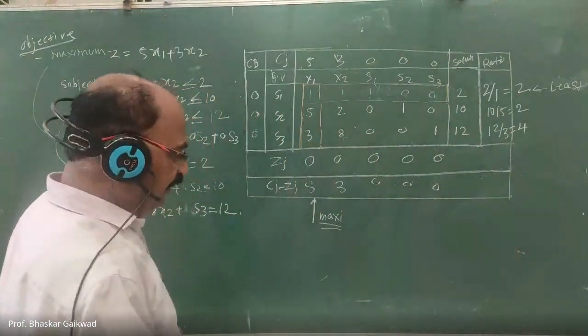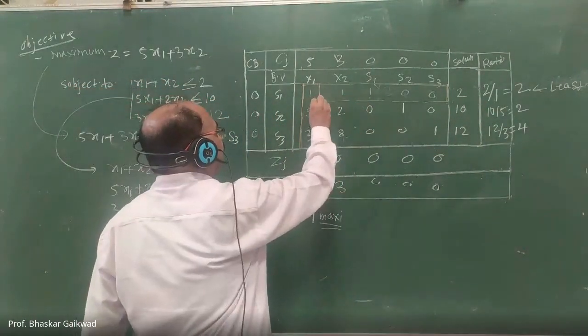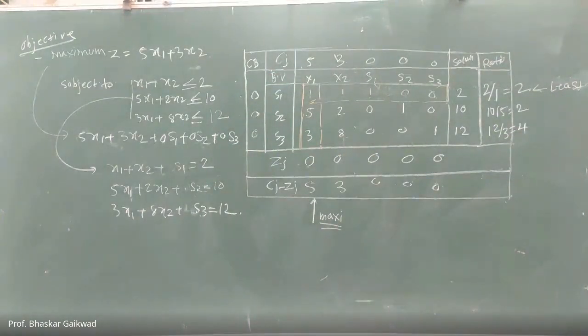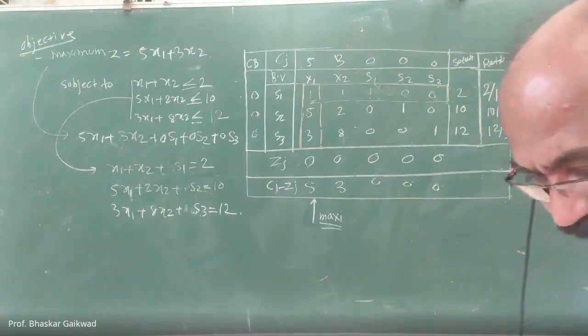So what is the key element here? This is your key element. So 1 is the key element in this. So this is your key element, 1.